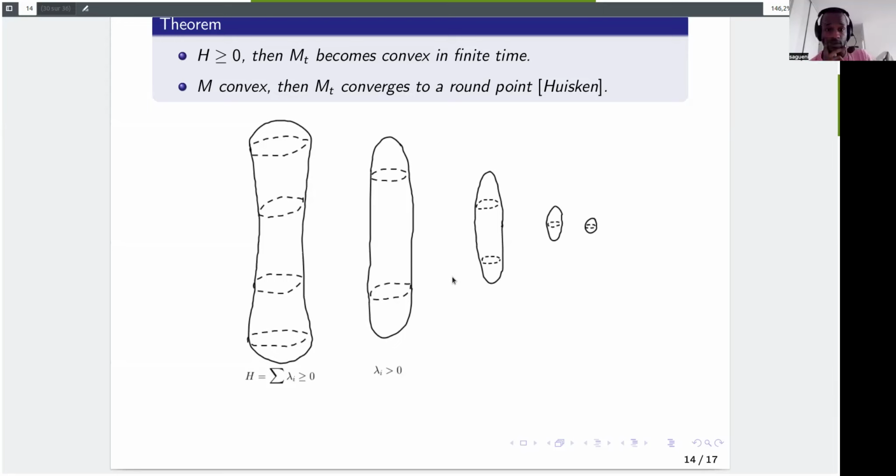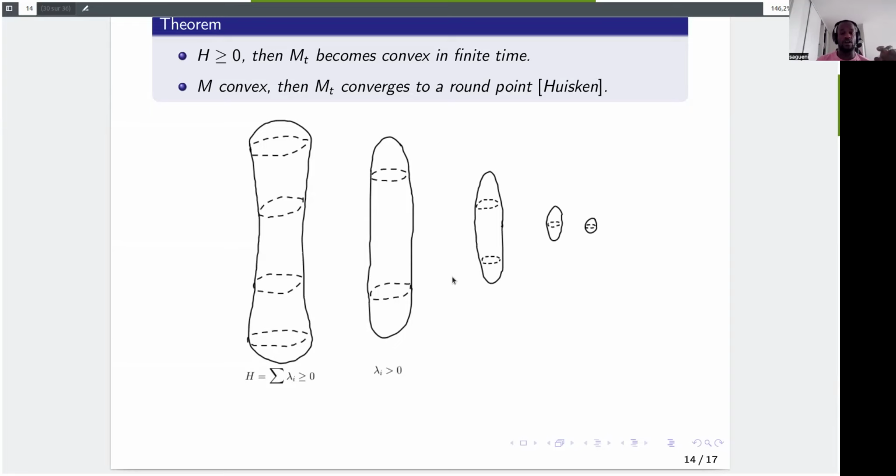Okay, so for those who know the Ricci flow, which is a flow that homogenizes the curvature as well, but differently, and is defined in another context, the context of manifolds, not necessarily embedded.